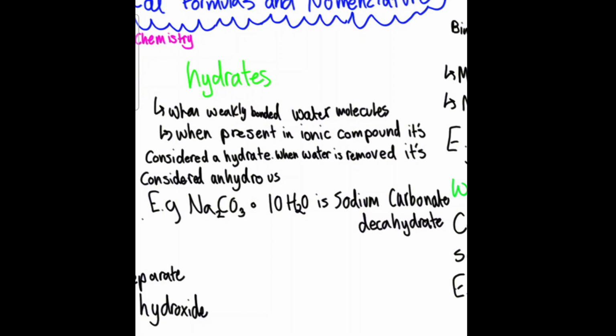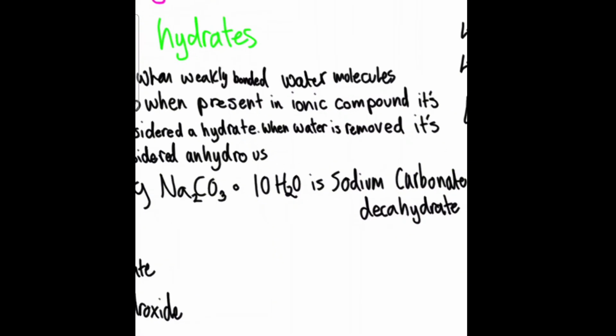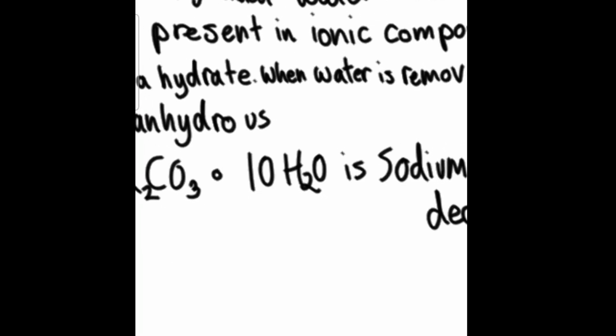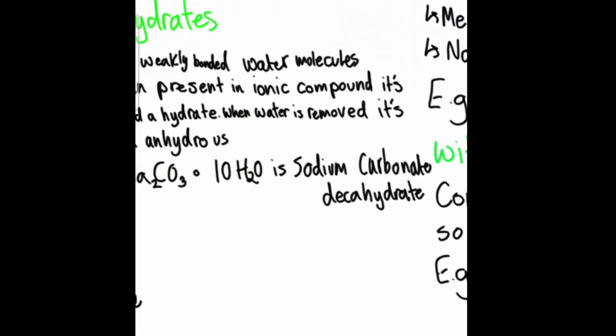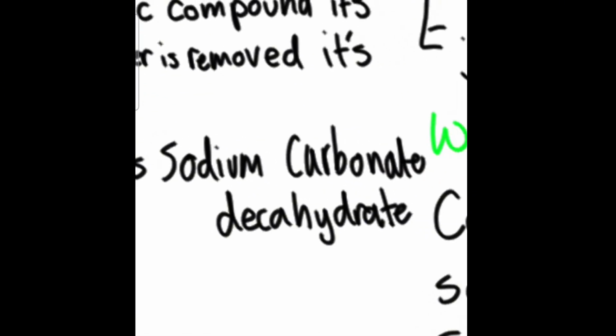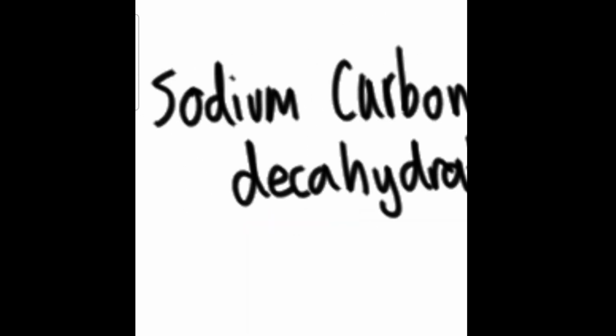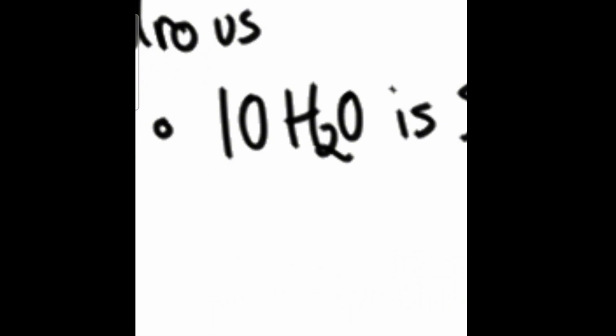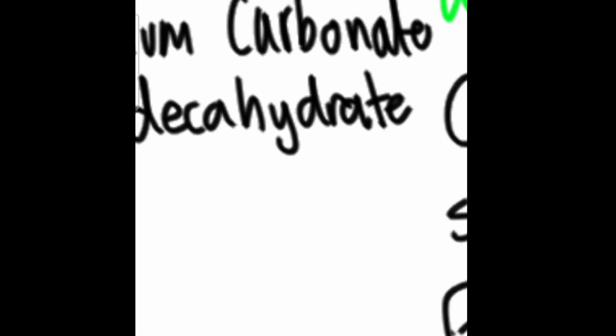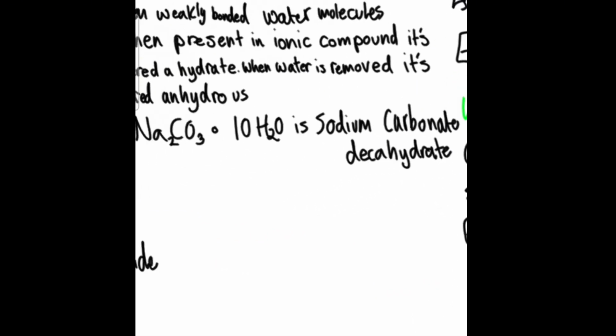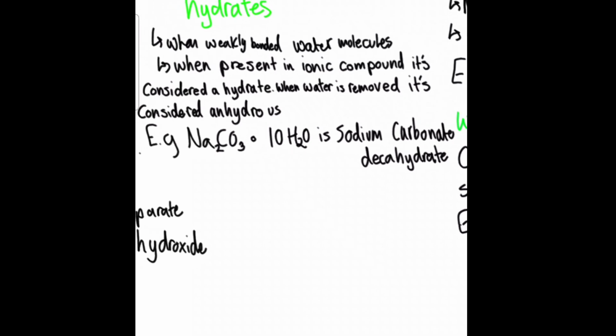An example of this is sodium carbonate times 10 water, or dihydrogen oxide, which is sodium carbonate deca, which is the number for 10. If it was nona, then it would be 9. But it's not, it's 10, so it's deca. Hydrate. So yeah, that's how you do that.